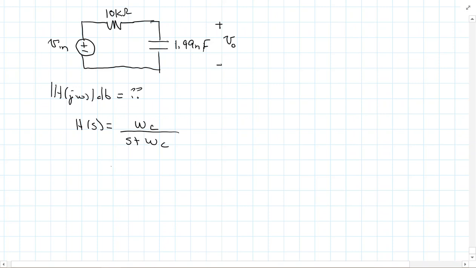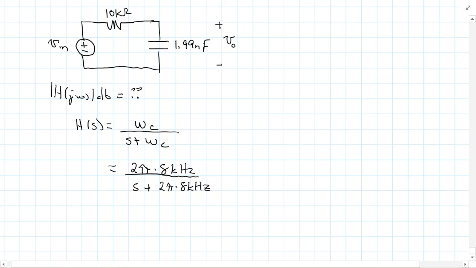So my transfer function is 2 pi times 8 kilohertz over s plus 2 pi times 8 kilohertz.